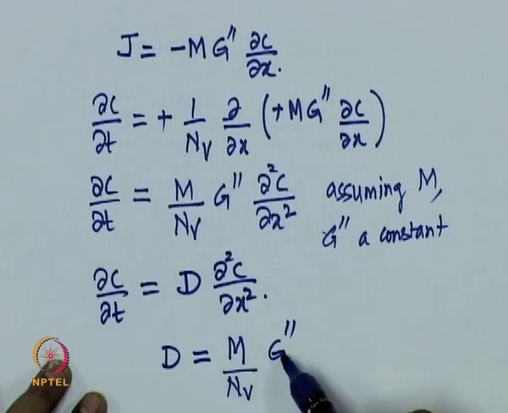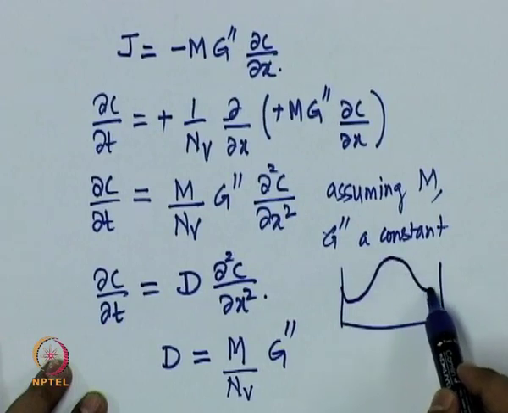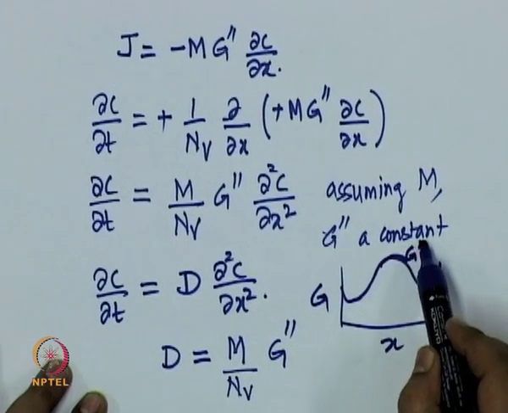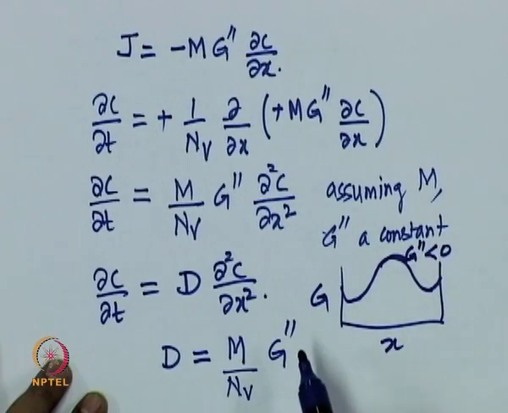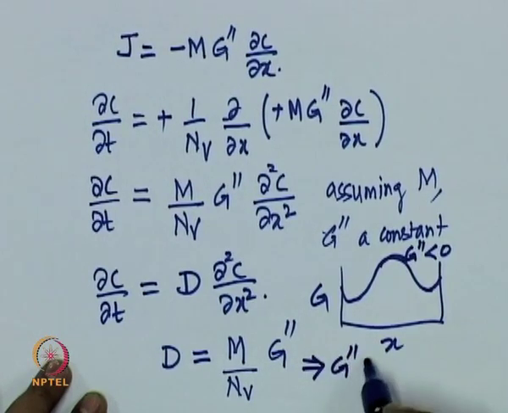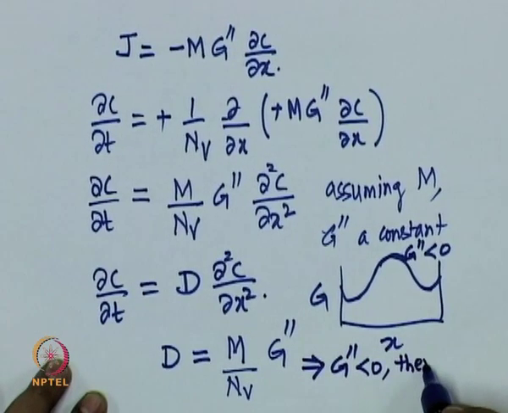Now, spinodal region, right, we had the free energy versus composition curve, which was like that. Spinodal is the region where g'' is less than 0. Because g'' is less than 0, mobility is positive, N_V is just a number which is positive, so diffusivity becomes negative, right. So, this implies that if g'' is less than 0, then D is less than 0.